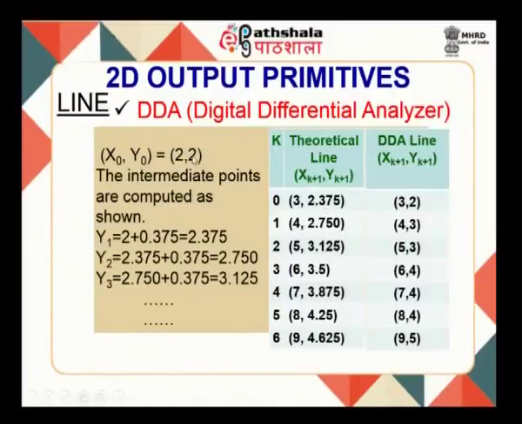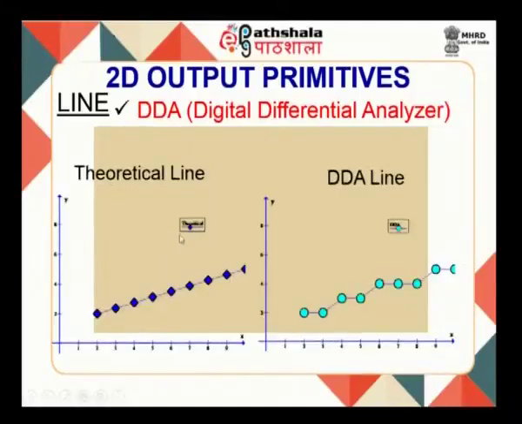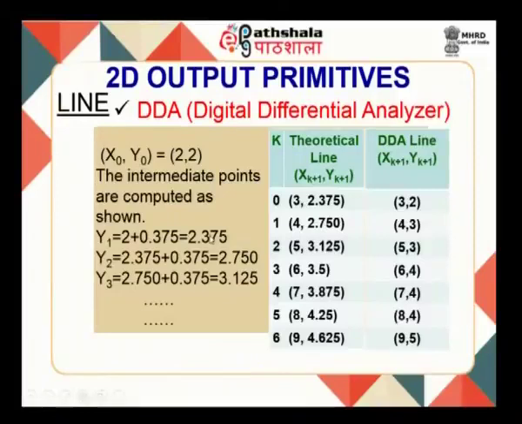Take the previous y value, the first y value is 2, add 0.375 to it, and you get 2.375. So, 2.375 is what is listed here in the table, as you could see, and add 0.375 to 2.375, which is 2.750.